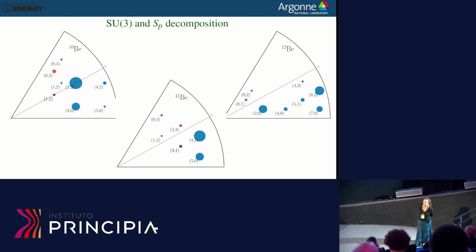When you're looking at the Nielsen model picture for beryllium-10, the Nielsen model assumes axial symmetry, and it's not. That could be some of the reason why we're seeing some issues in the Nielsen picture for the beryllium-10 occupations.